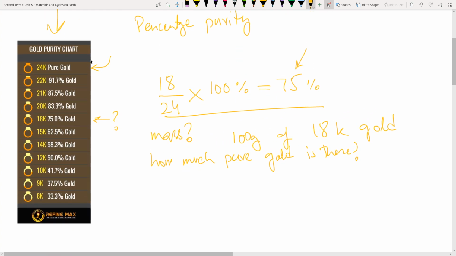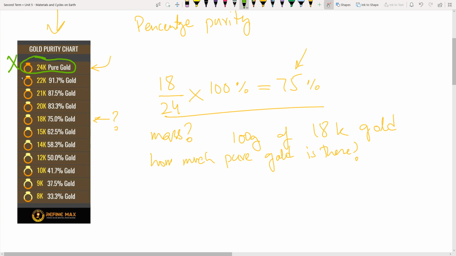A lot of people when they're buying gold from the market, the shopkeepers tell you, "Okay, we're giving you 24 karat gold and whatnot." Please do not trust that. Reason being, 24 karat gold is entirely useless for ornamental purposes.